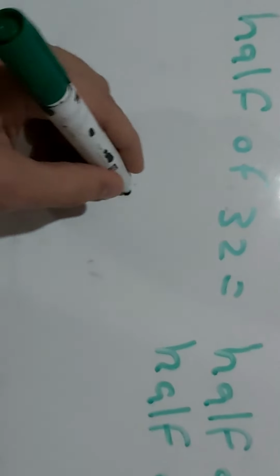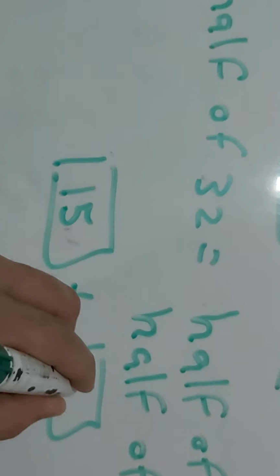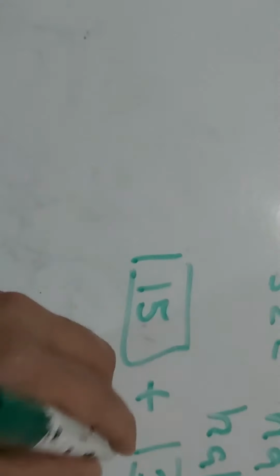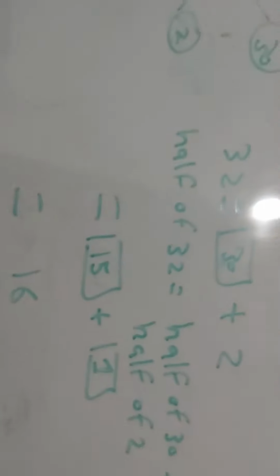Then we get half of the 30, that is 15, plus half of the 2, that is 1. We add them together, that equals 16. So half of 32 equals 16. We have to do it the silly way, that's in the book. But for these questions, you don't do it the silly way.